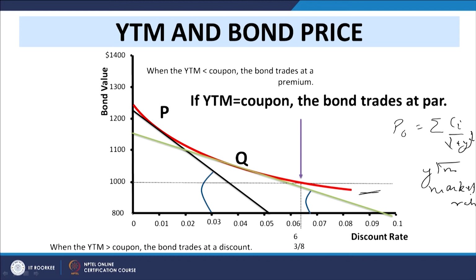So, when I say YTM is less than the coupon, in effect I am saying that the average market rate for the life of the bond is less than the coupon rate of the bond. The bond is giving me more cash flows than what the corresponding risk adjusted market rate demands.